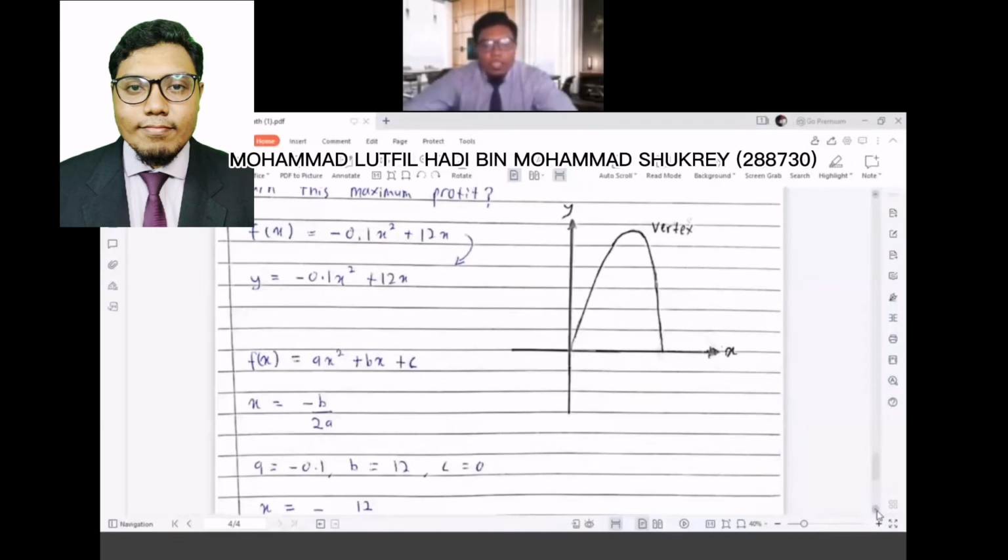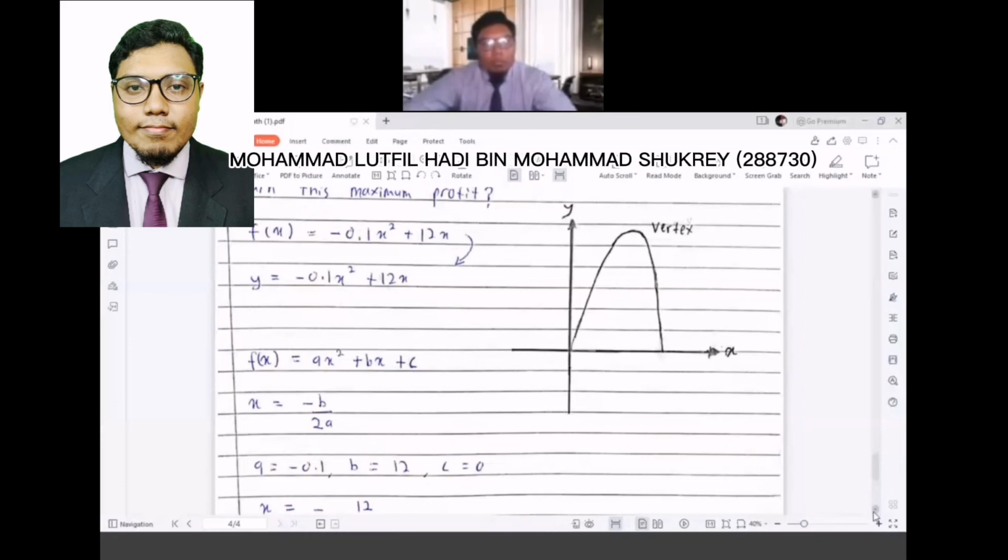The graph of the function looks like that. So clearly, if we want to find the maximum y value of this parabola, we have to find the coordinates of the vertex. We can do this by using the vertex theorem, where f(x) equals ax squared plus bx plus c.